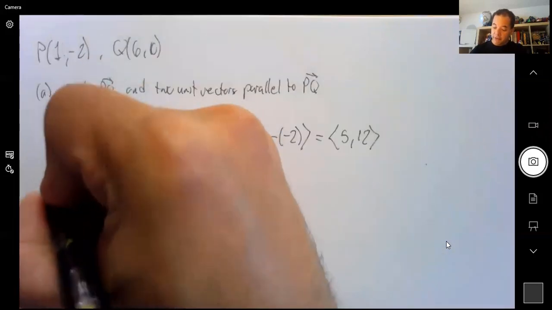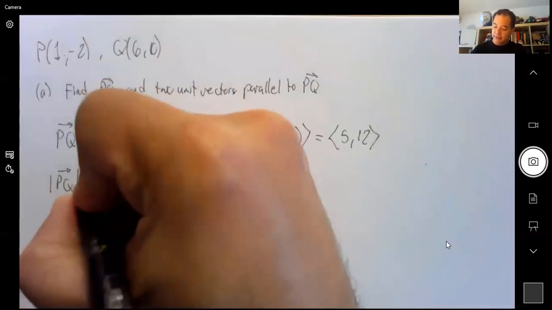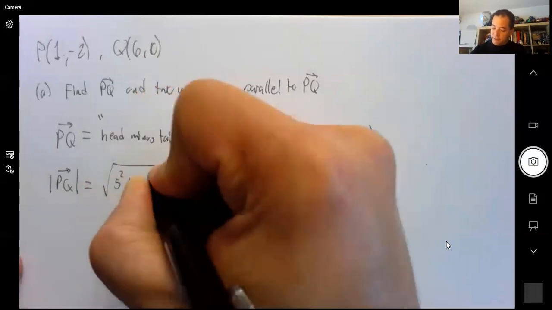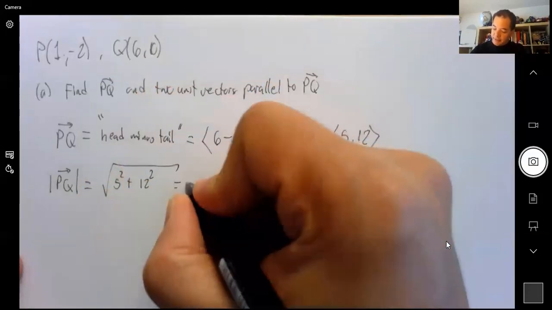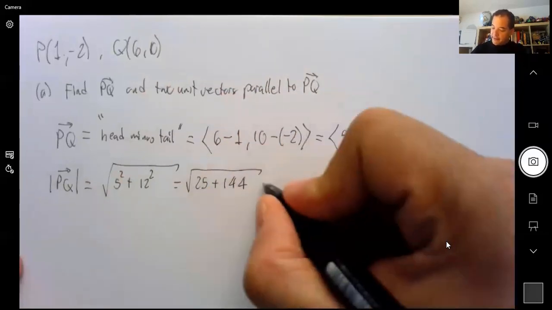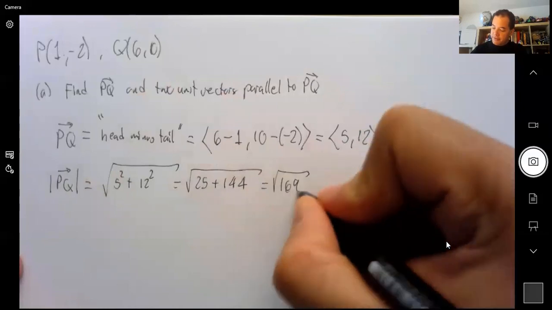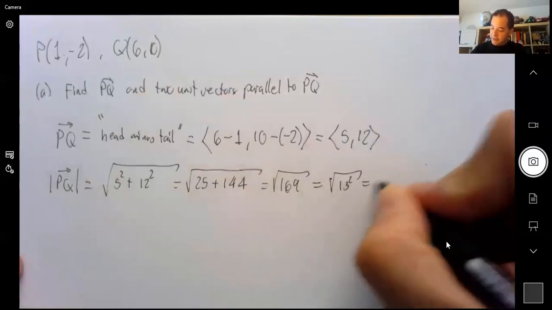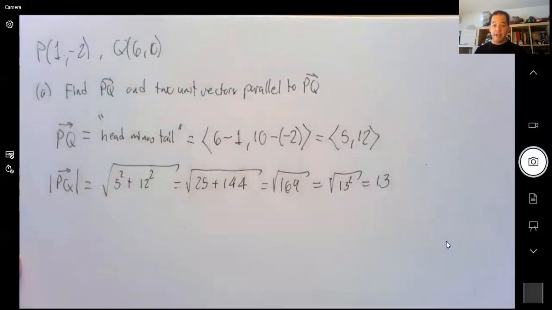So we need the magnitude. It will be the square root of 5 squared plus 12 squared, and that's 25 plus 144. That number, by the way, is 169, which happens to be 13 squared. So believe it or not, the square root of that is simply 13.